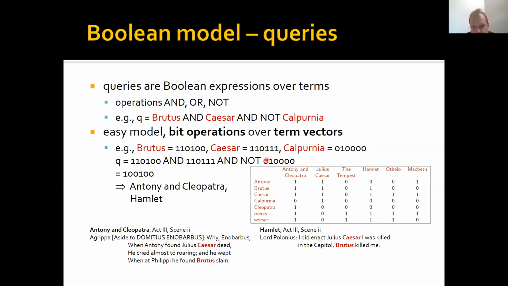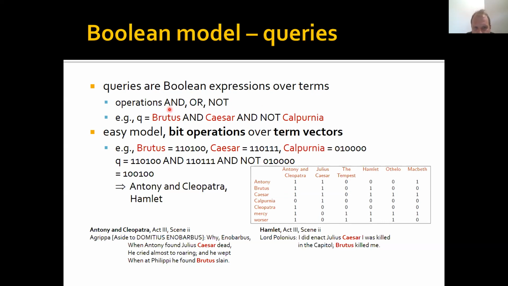Caesar is this vector, Calpurnia is this vector, and because these are the documents in the collection, we can see from these bit strings the presence of the given term in the document.